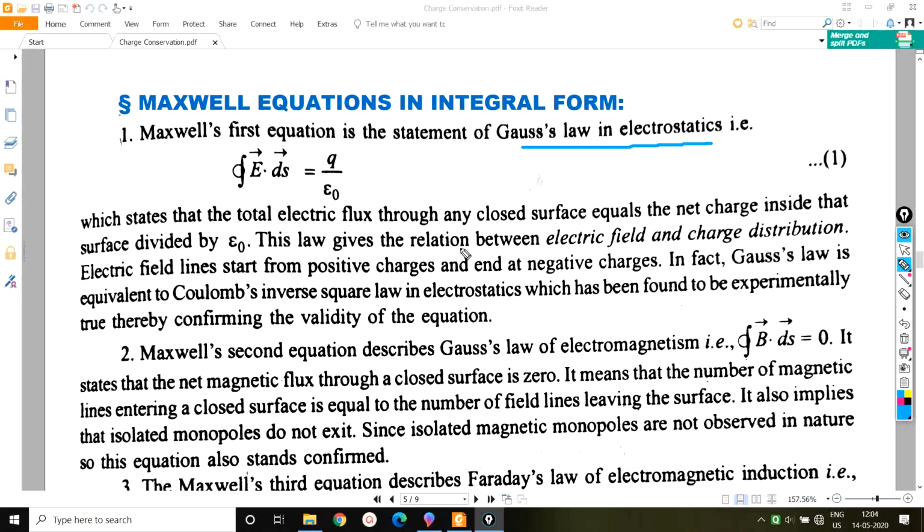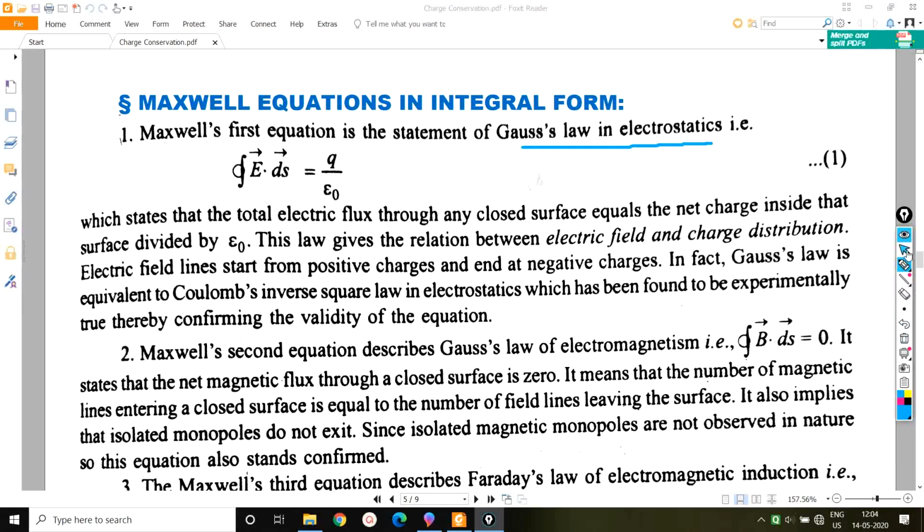Gauss's law is true because we have Coulomb's inverse square law; it comes from Coulomb's law itself. So Gauss's law of electrostatics is your first Maxwell equation.